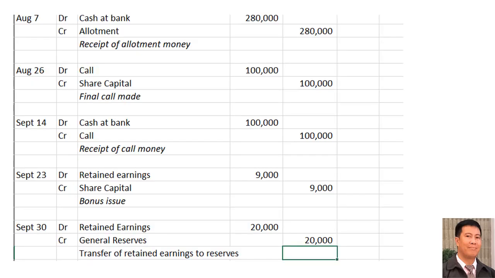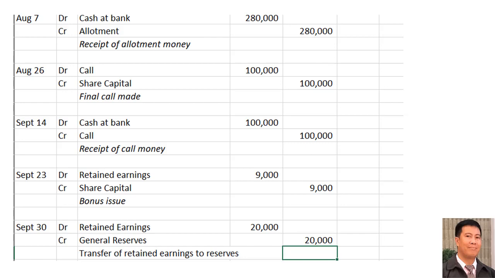Now on 7th August, it says all allotment monies were received. So debit cash at bank and then credit allotment. Now because we already applied the $20,000, we are not supposed to collect all that $600,000 here.